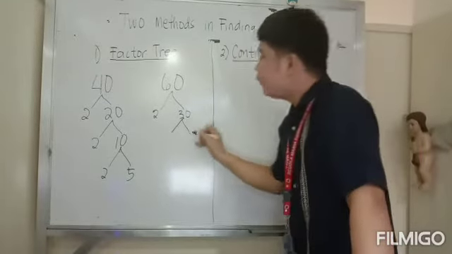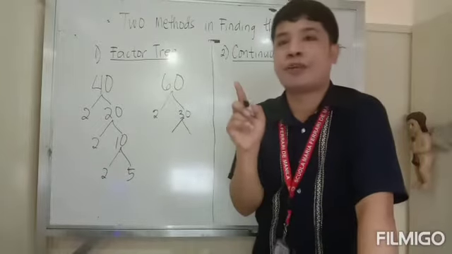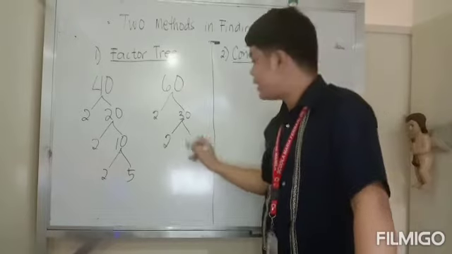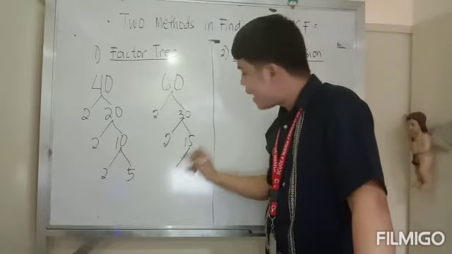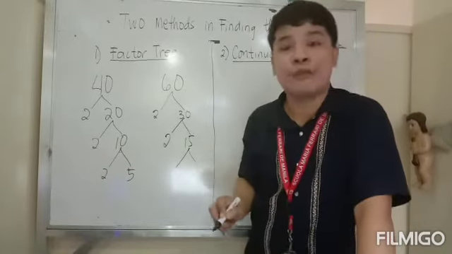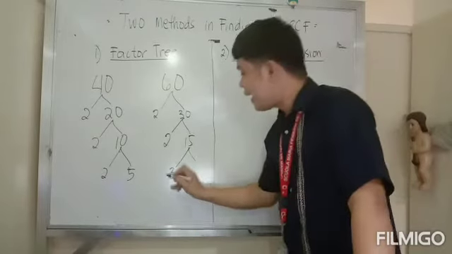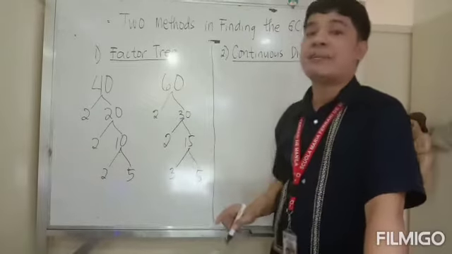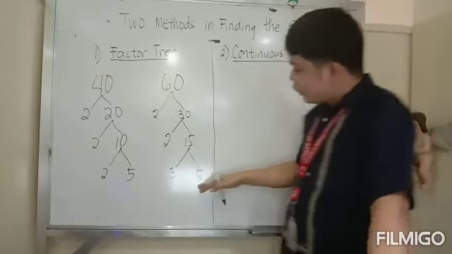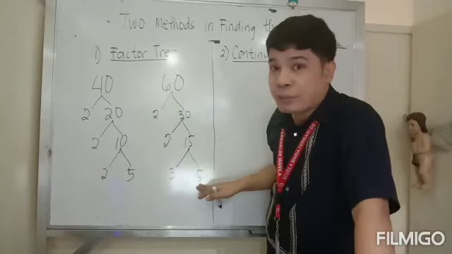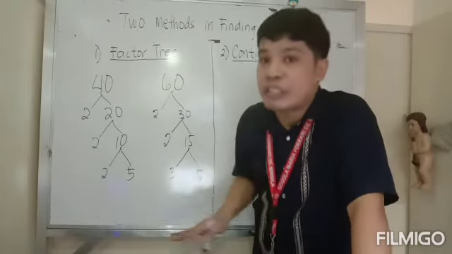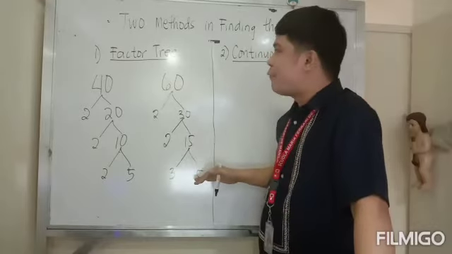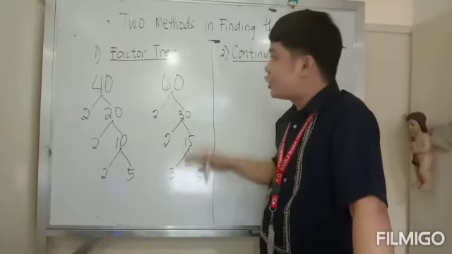Now think of the smallest prime factor of 30, it is 2, and the partner of 2 is 15. Think again, the smallest prime factor of 15 is 3, and the partner of 3 is 5. So 3 times 5 is 15. Now, if you see here, you ended already with a prime number. That means you need to stop because you are done finding the prime factors of 60.